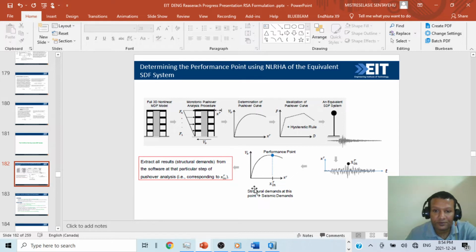Take this point and go to your original structure: this is your demand. So extract all results and structural demands from the software at this particular step of the pushover analysis. Once you know the target displacement, you can extract everything for your building from there.